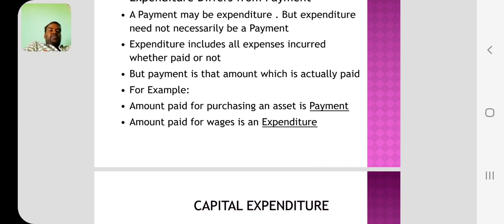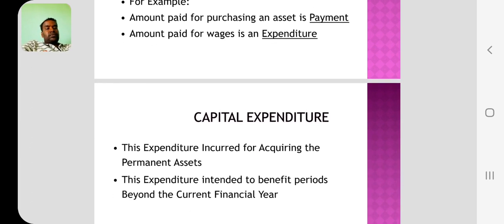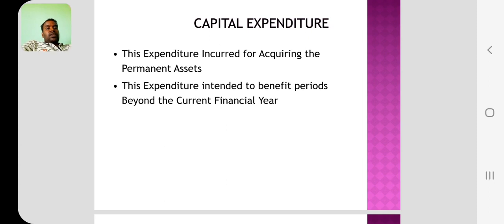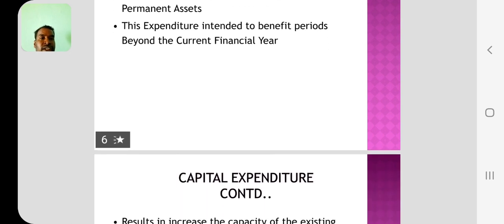For example, amount paid for purchasing an asset is a payment. Amount paid for wages is an expenditure. Next, capital expenditure. The expenditure incurred for acquiring permanent assets. This expenditure is intended to benefit periods beyond the current financial year.